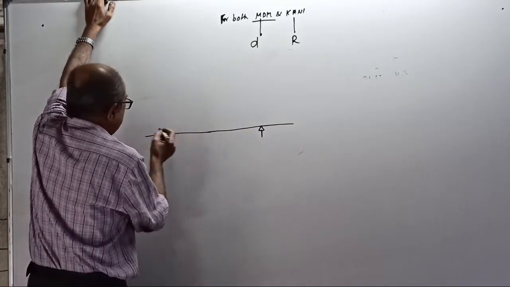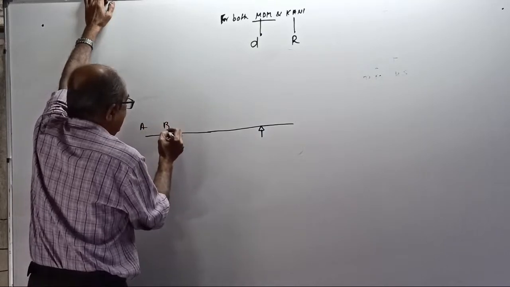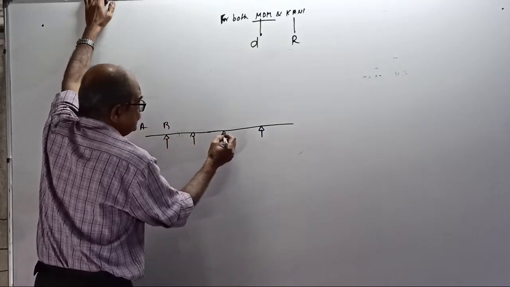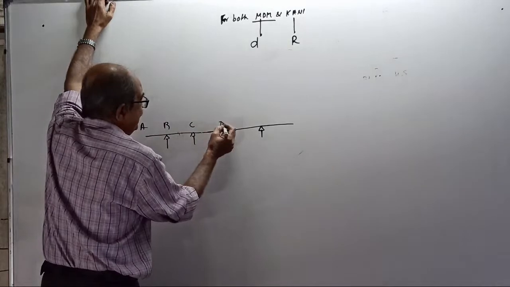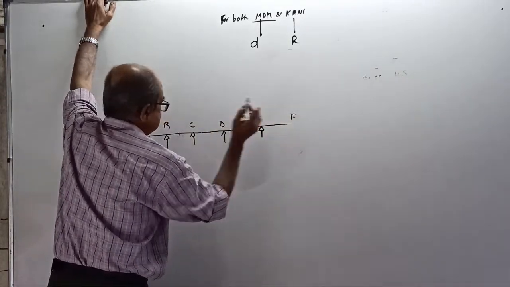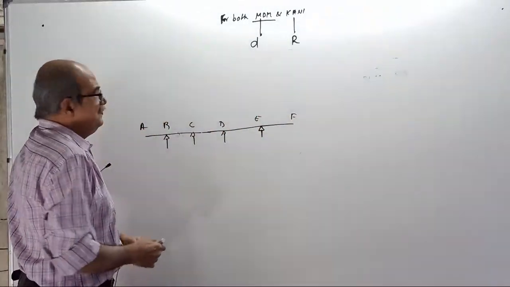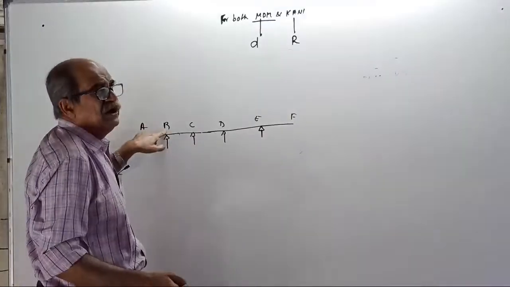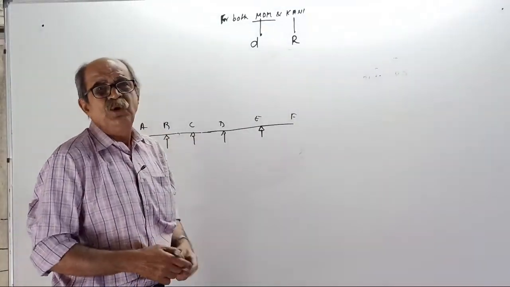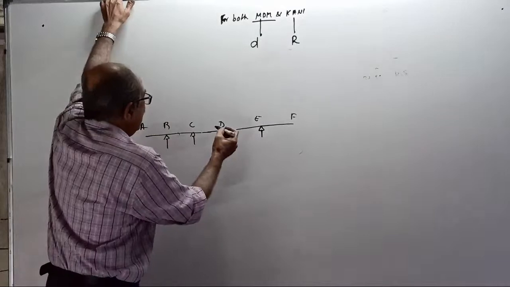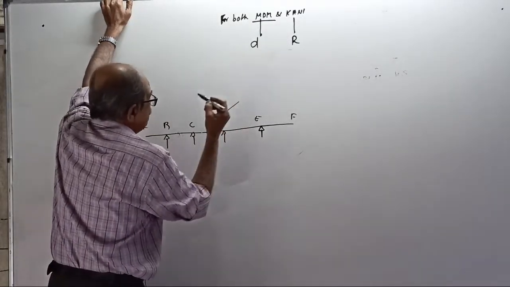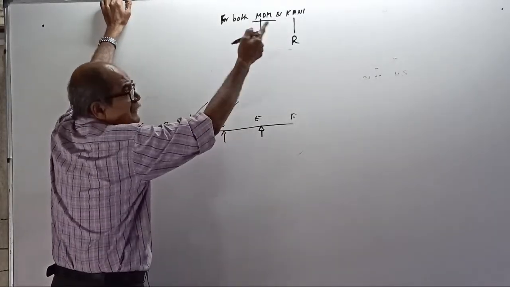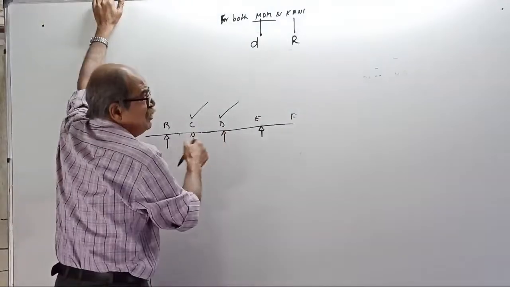So, for example, I will tell A, B, some supports are here, some supports are here. A, B, C, D, E, F. Then, this I told, this is called simple support with overhang. See, here all you have to find distribution factor by principle. Both side values will be there.